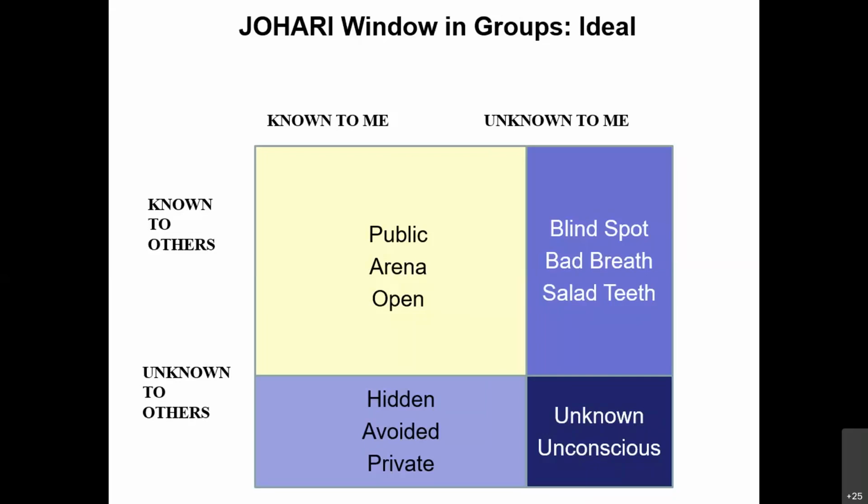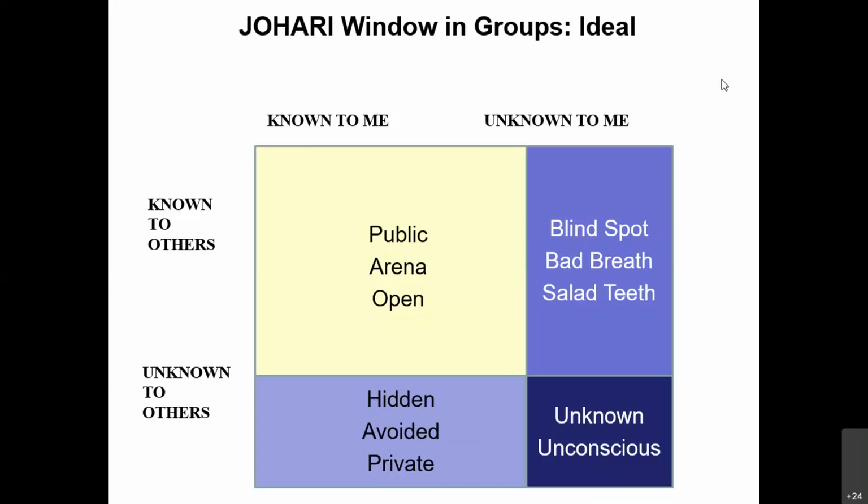Coming to the last one, as I have told you, unknown to others, unknown to me, as much as possible that particular square has to be of smaller size. If this square is bigger in size, questions will keep on increasing.